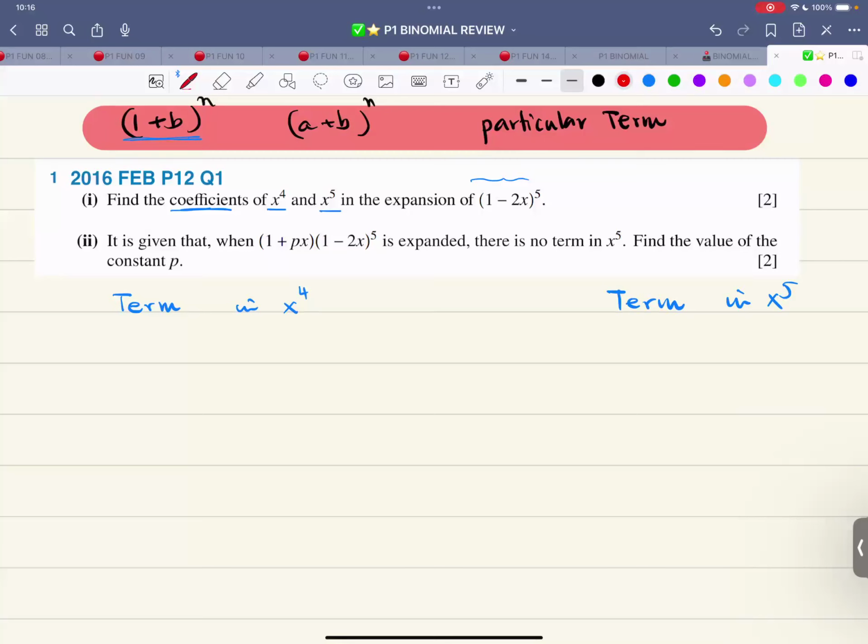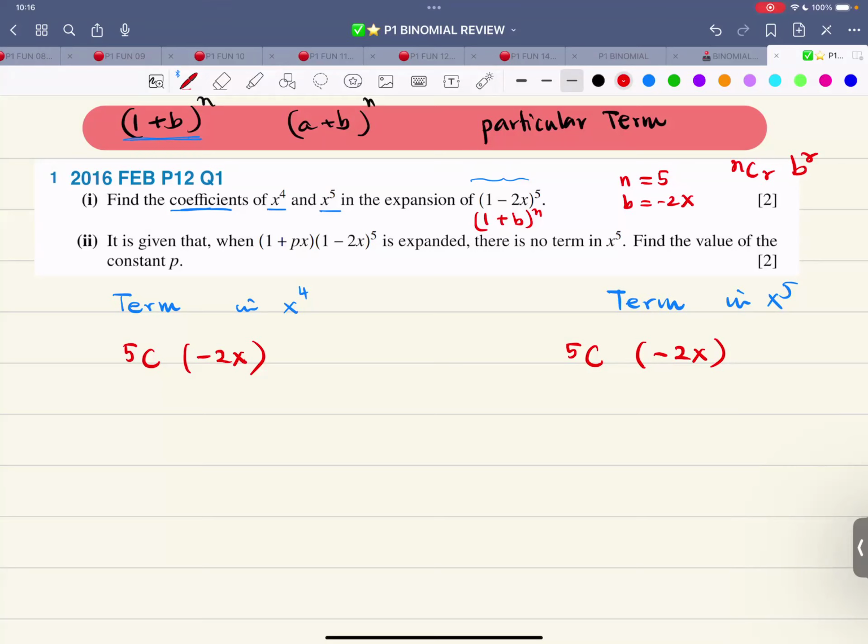So I'll write 5C something and then (-2x) raised to some power. Why? Because this is of the format (1 + b)^n. So we know that n is 5 and b is -2x, and I'm using the formula nCr b^r. Got the idea?